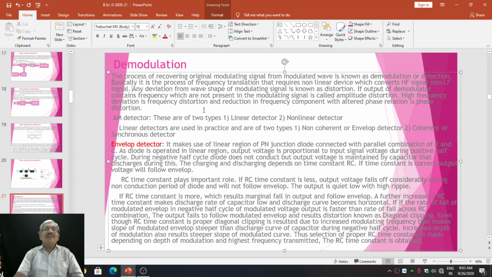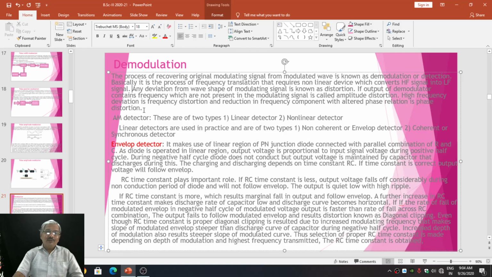High frequency deviation is a frequency distortion, and the reduction in frequency components with altered phase relation is known as phase distortion. That means after recovering the original information, after the demodulation process is completed, there may be a possibility of producing a distorted signal at the output, at the cost of variation in frequency, amplitude, or even phase.